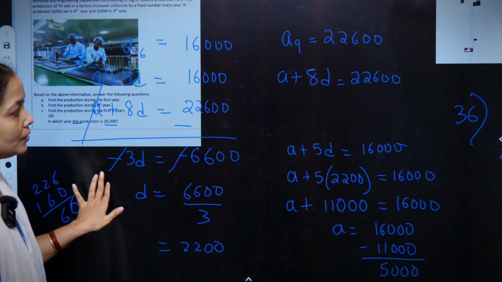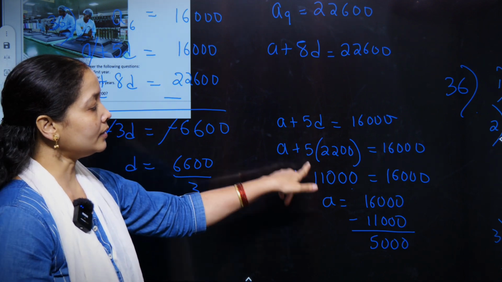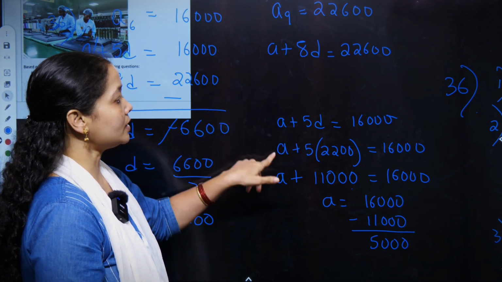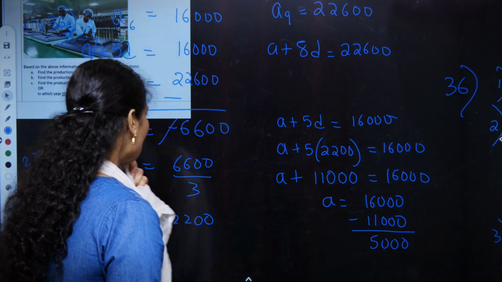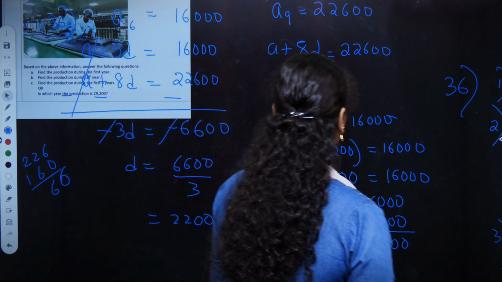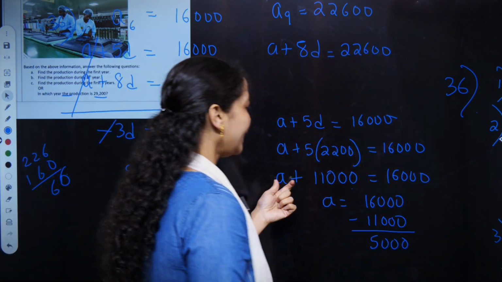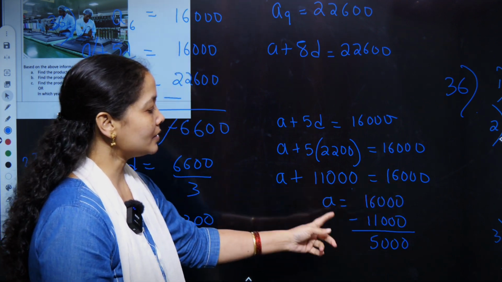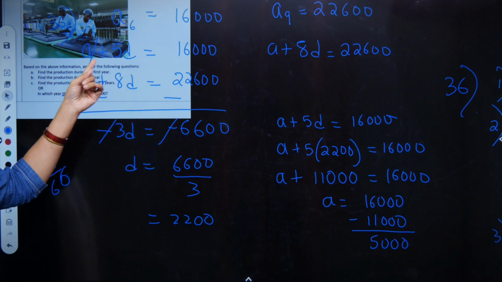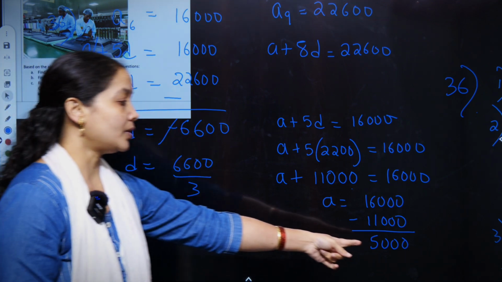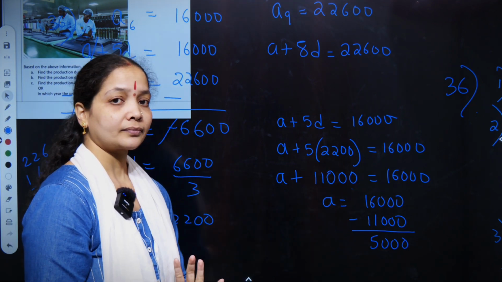Once I got D, I find A by substituting it in the first equation, A plus 5D equal to 16,000. So A plus 5 into 2,200 is 16,000. A plus 11,000 is 16,000. A is 5,000. So my first year production is 5,000.